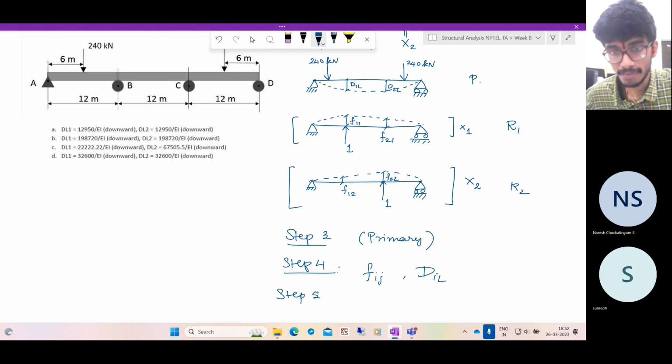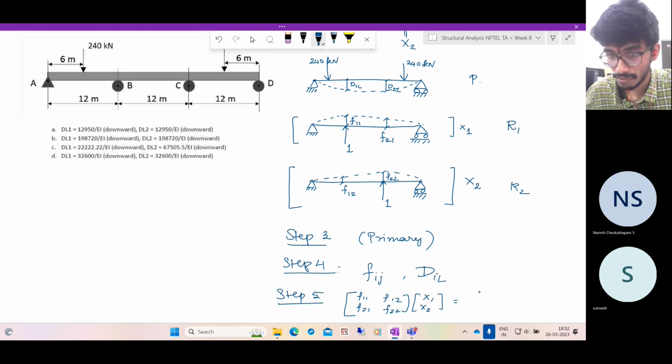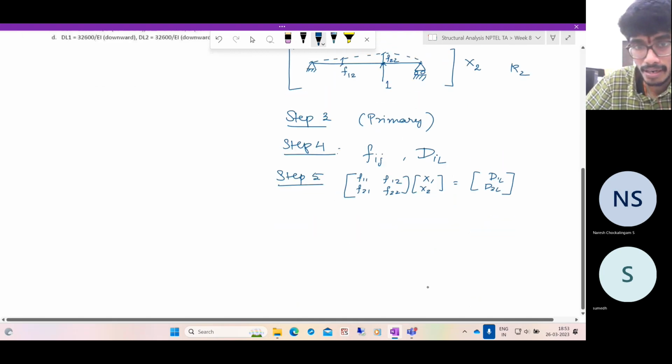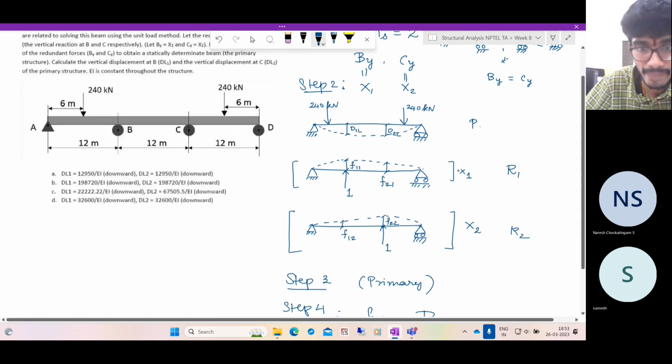The last step is to determine the unknowns x1, x2 by solving the system of equations: F11, F12, F21, F22 times x1, x2 is equal to d1L, d2L. So this is what we'll be doing today for the first 9 questions of today.